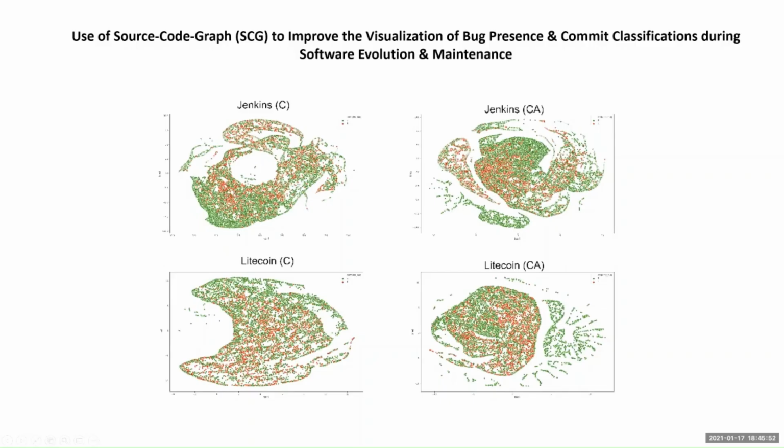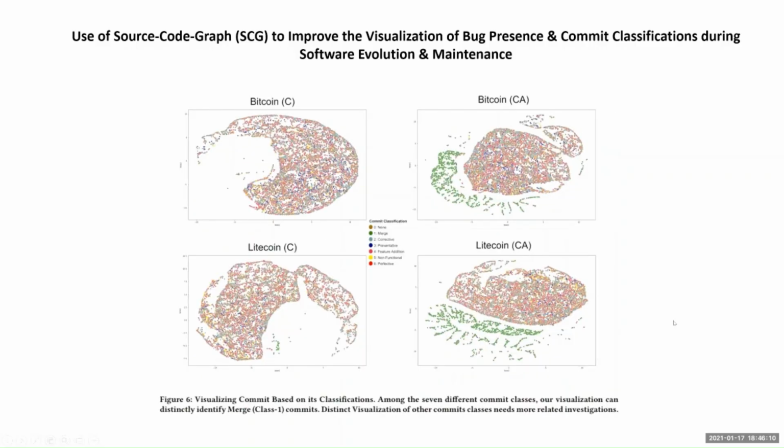But here we can better distinguish. For example, here there are only non-buggy commits, here is a high density of buggy commits. Similarly, here mostly non-buggy commits, here a high density of buggy commits, here a high density of non-buggy commits.